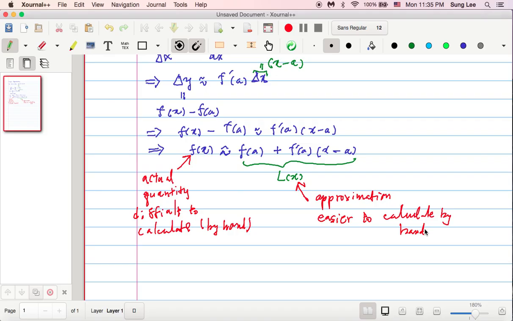So in many cases, the numerical value you are seeing on your calculator is actually an approximation, not an exact value. And how did the calculator calculate those values? It does use mathematics, of course, something like this. But honestly, this linear approximation is not very accurate. In terms of accuracy, it's not a very accurate approximation.